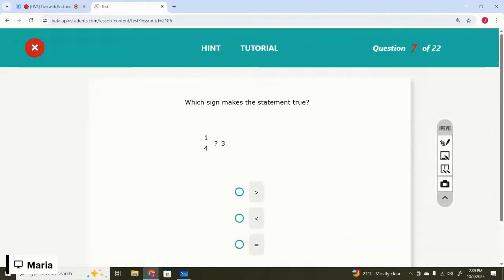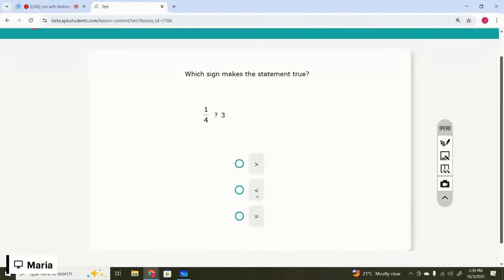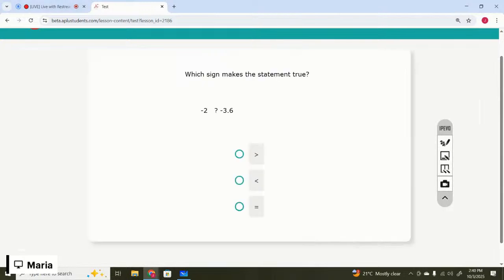So that is greater. Which sign makes the statement true? 1 by 4 is less than 3. Option number 2 is the correct option.